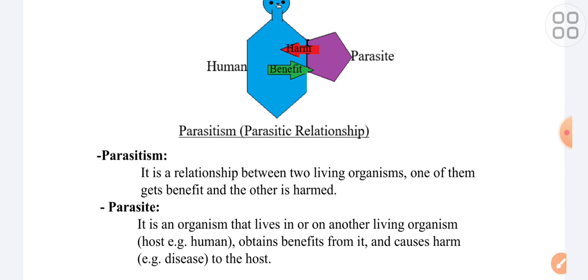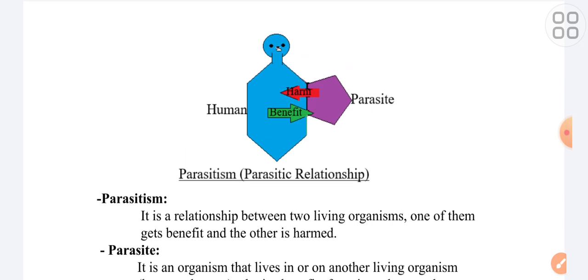The parasite itself is an organism that lives in or on another living organism, in our case, human. The parasite obtains benefits from the human being and causes harm to the host, disease to the human being.